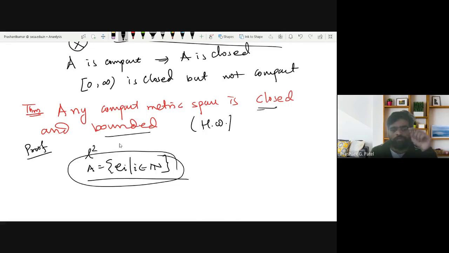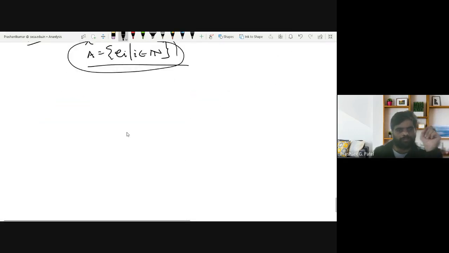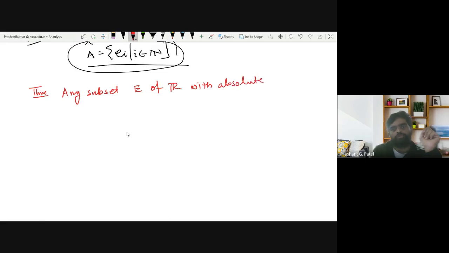So when is the converse true? The converse is true when you have the real line. We have a next result with that. It says that any subset E of R with the absolute value metric, that means d(x,y) equals |x minus y| for every x and y belonging to R or E. This is the absolute value metric.